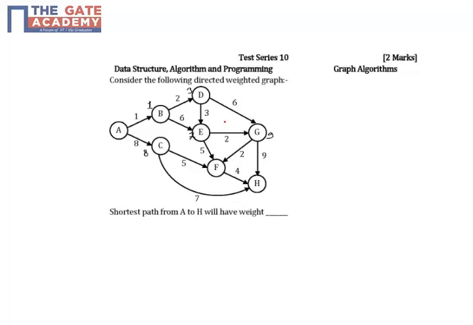And for E, I'll have to change the weight, because if I follow the path A, B, E, it gives me distance 1 plus 6, 7. But if I follow the path A, B, D, E, it gives me distance 1 plus 2 plus 3, that is 6. So the distance of E from A will be changed, and it will be 6 now.